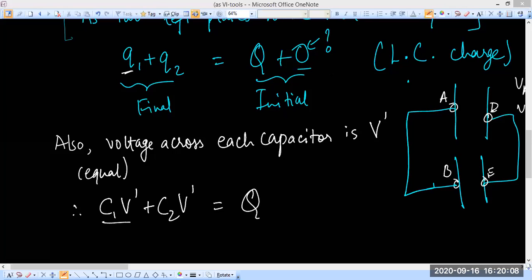Yes, charge will flow until potential is the same. That's correct, Purvendra. Charges will flow until potential is the same.